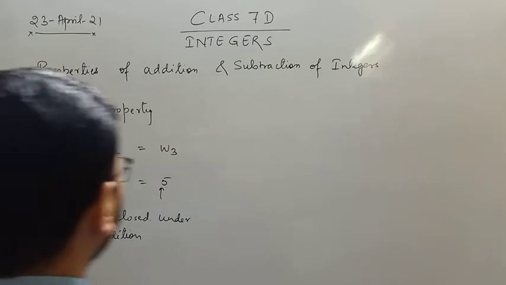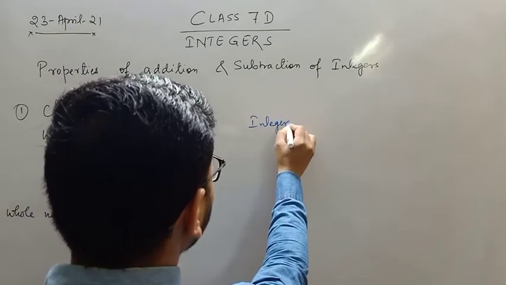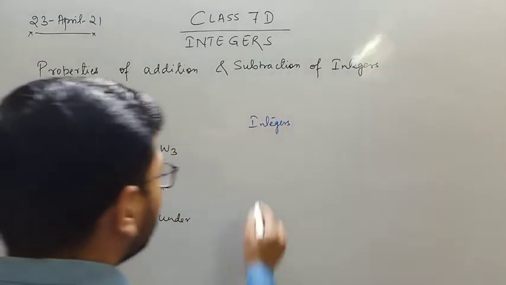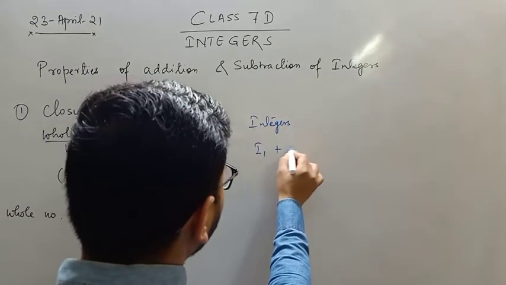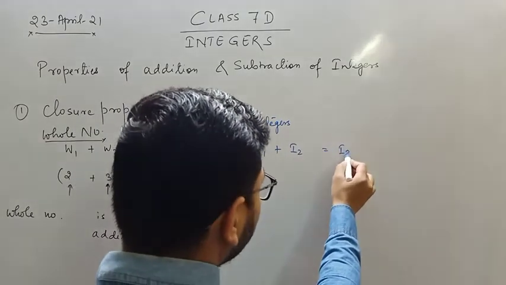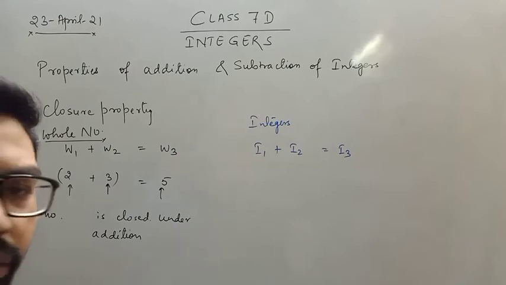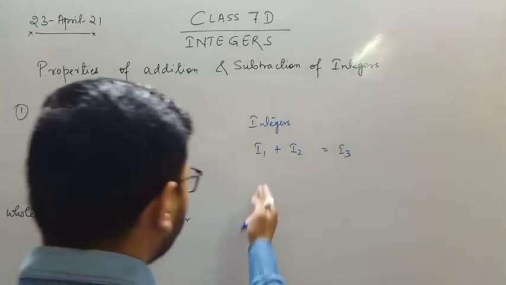Now this is for integers. Let's say I have an integer i1. When I add this i1 with i2, if I get i3 as a result, that means addition of integers also follows closure property. Let's take one example.